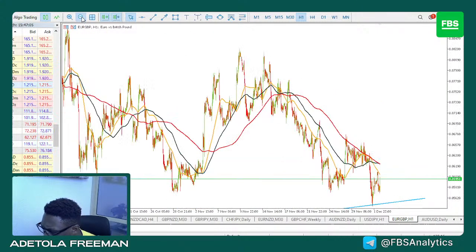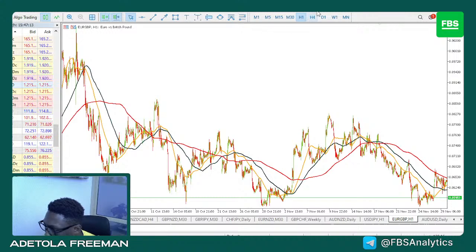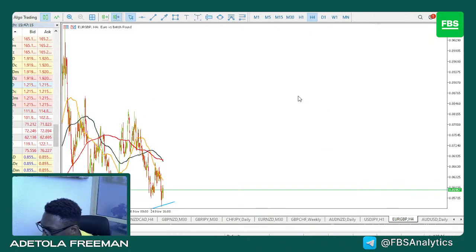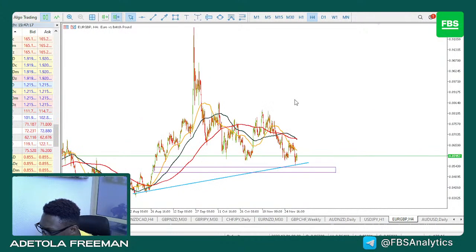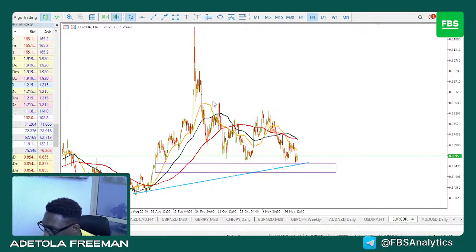Zooming out a little bit so we can see the whole picture. So this is the demand zone on the 4 hours time frame, and you can see that price has reacted from that demand zone after taking out these equal lows as liquidity.